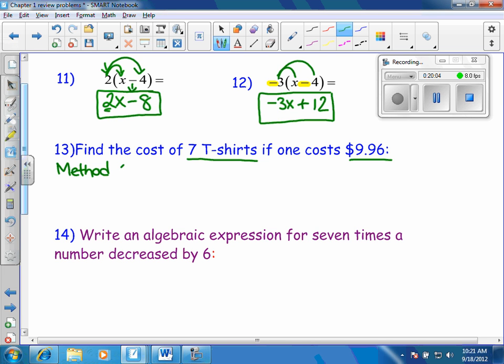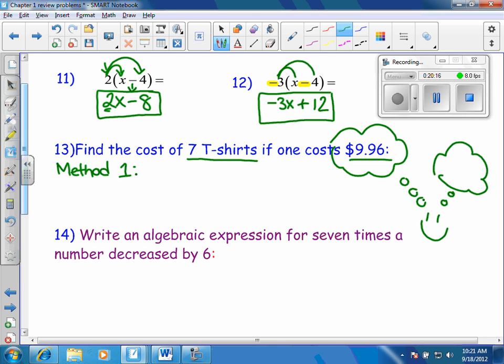So one method, Emilio's method, would be, think of this really as close to $10, right? So he did 7 times 10, that's 70. But he knows he's a little over, so it's chunking.